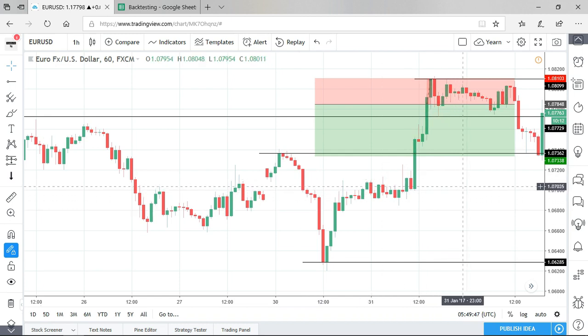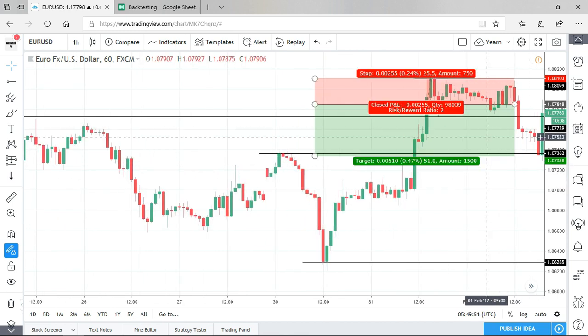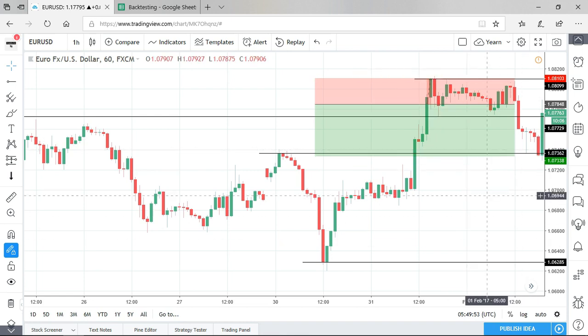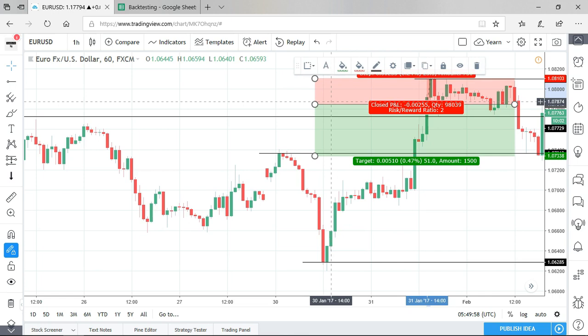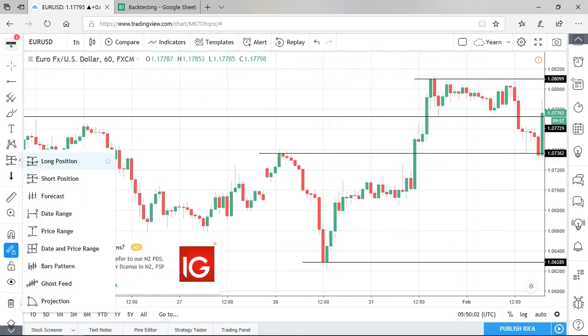Again, we're scrolling with the right arrow key and just looking for trades that meet all our rules, and actually we have another engulfing candle right here. So I'm just going to get the risk reward tool again.